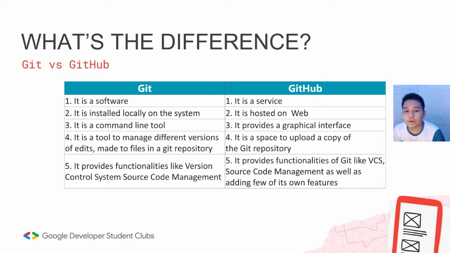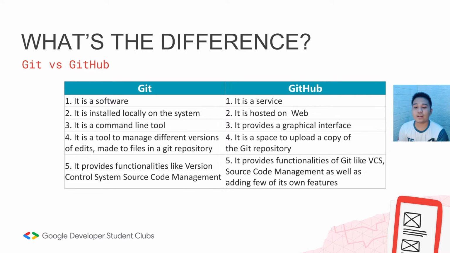So the difference between Git and GitHub is that Git is a software while GitHub is a service. Git is installed locally on the system and GitHub is hosted on the web. Git is a command line tool and GitHub provides a graphical interface. Git is a tool to manage different versions while GitHub is a space to upload a copy of a Git repository.